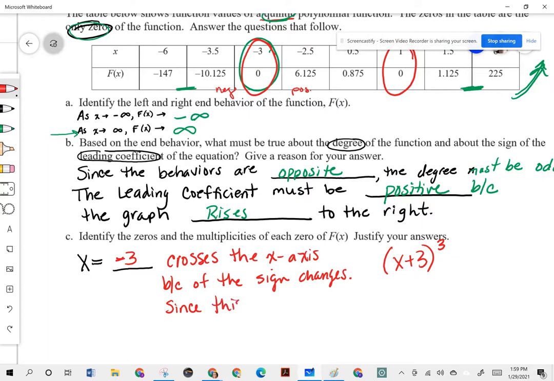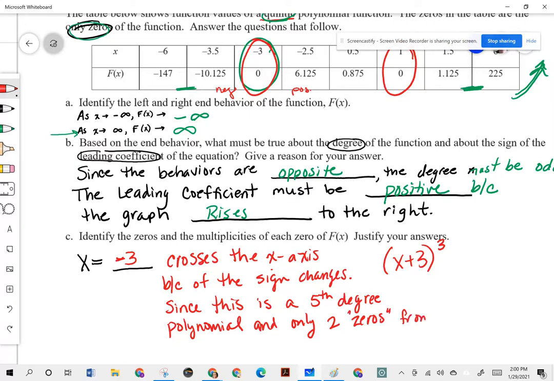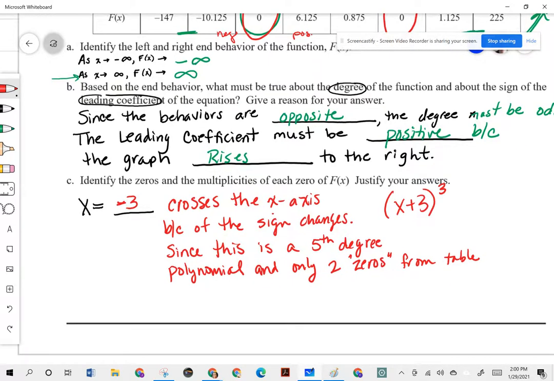Since this is a fifth degree polynomial and only 2 zeros were given from the table, the sum of the multiplicities will add to 5.